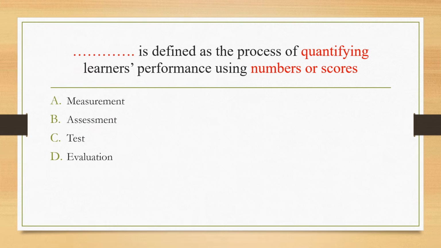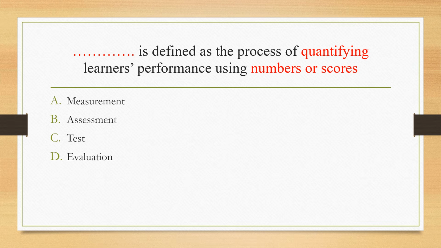All right. Let's move on. Dash is defined as the process of quantifying learners' performance using numbers or scores. Even if the question did not go further to say using numbers or scores, after seeing quantifying, we know that we are talking about measurement.